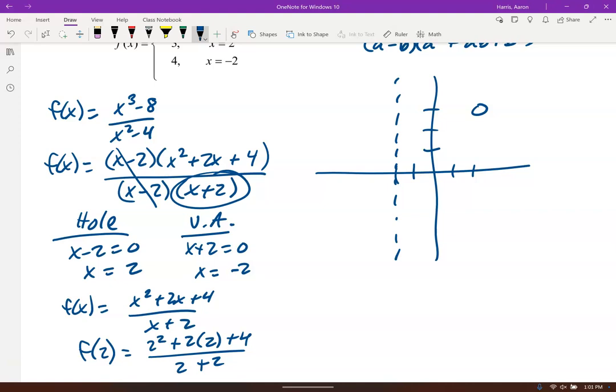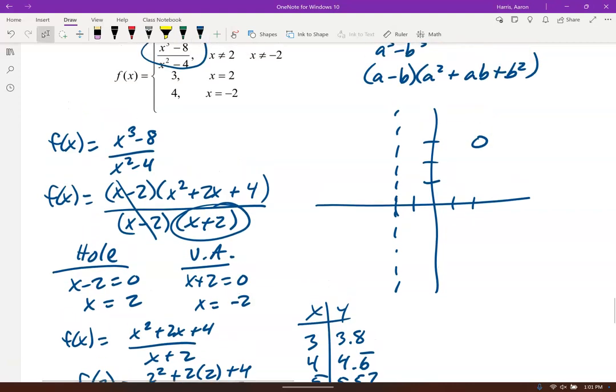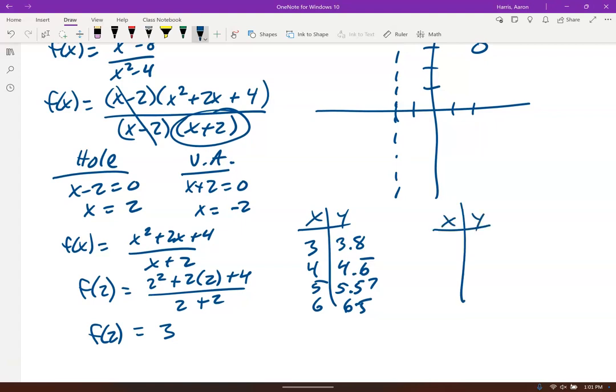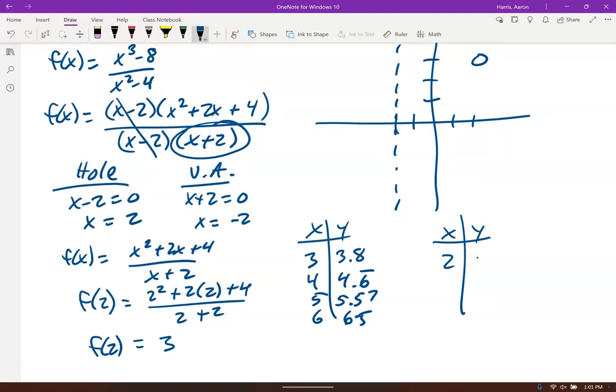Like I would plug in 3, and you get 3.8. By the way, I made a little note here. 4, I got 4.6. So just plug a few in, and you get a feel for this thing. Let's do some to the left of the hole. Remember, it's undefined here. That's where the hole is. But let's go left of that. 0 would give us 2.